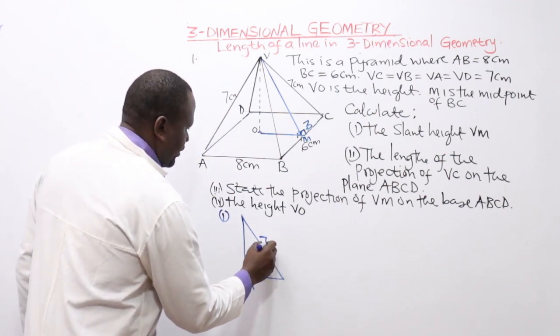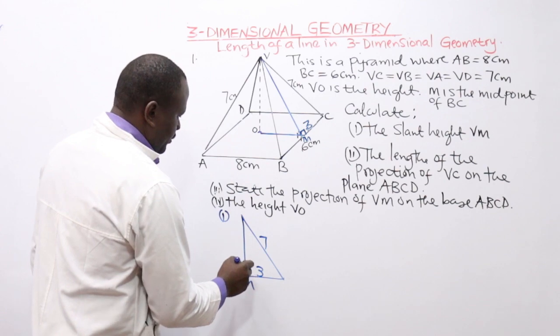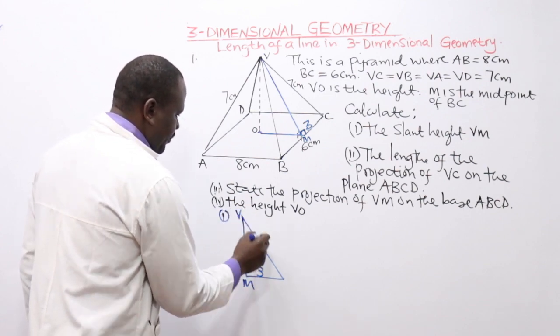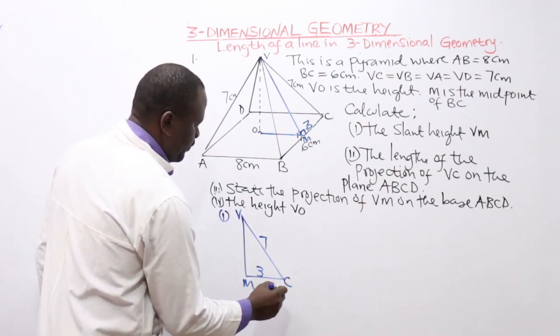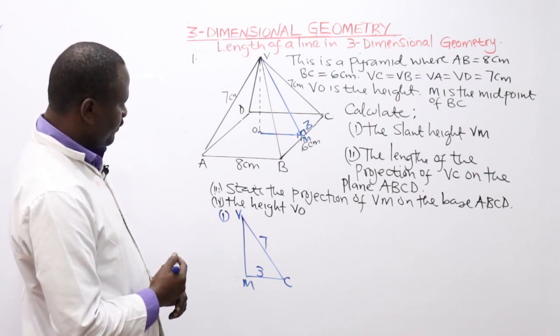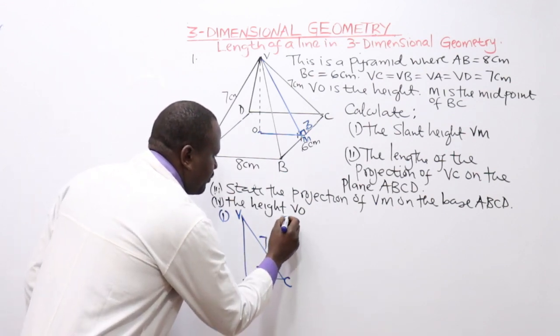this is 7. So we are looking for VM. We use Pythagoras theorem.